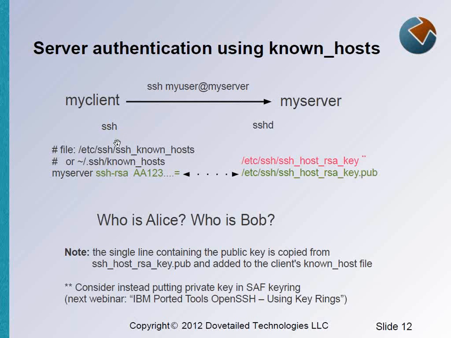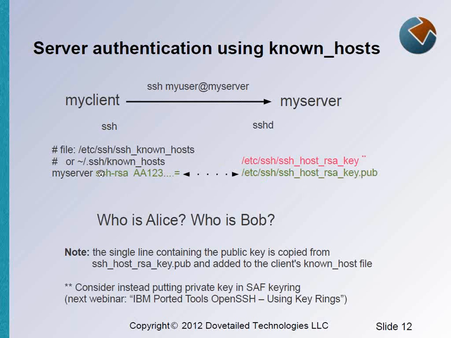And on the client, there's a file. It could be either the user's .ssh/known_hosts file or the global /etc/ssh/known_hosts file on that machine, the one that all users use. It'll check both, so this could go in either place. You take the contents of the public key, which is just one line of text, and we'll show you that in a minute.